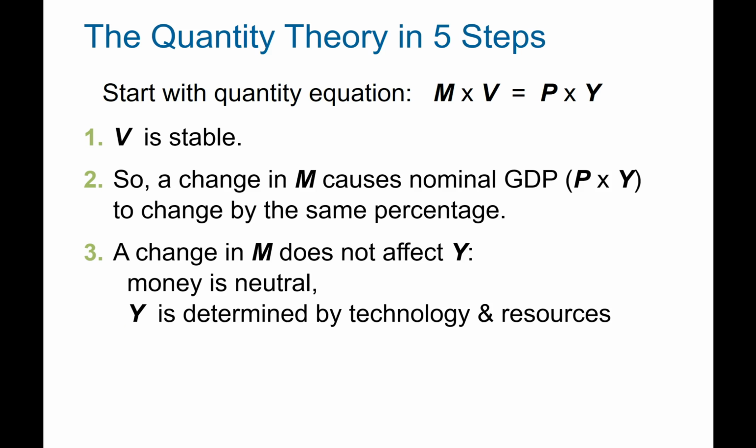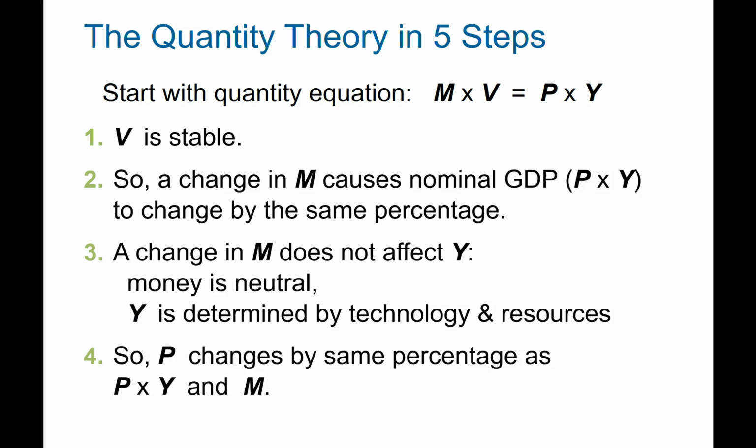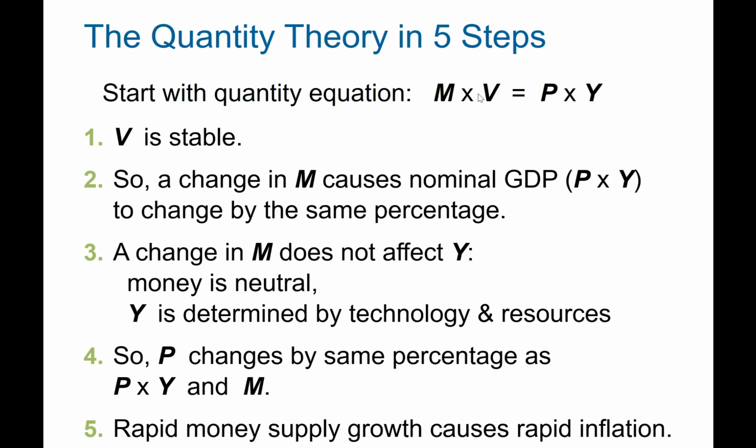Because money is neutral, and Y is determined by technology and resources. So price then changes by the same percentage as P times Y and M. So I hope that makes sense, and we'll get a chance to practice this and I think you can put it all together. Rapid money supply growth causes rapid inflation.